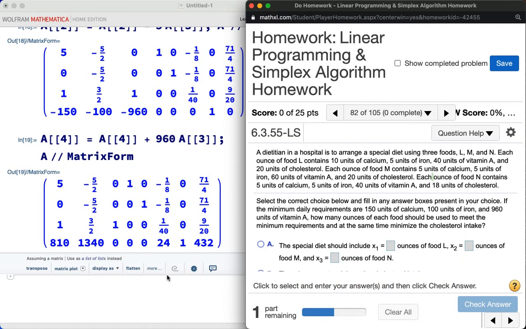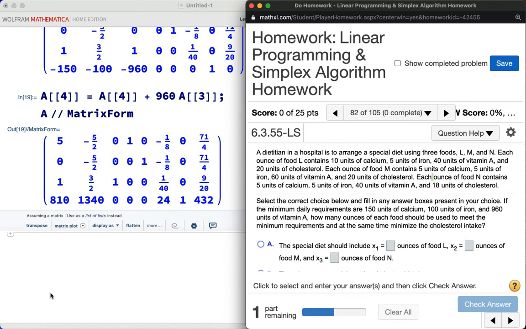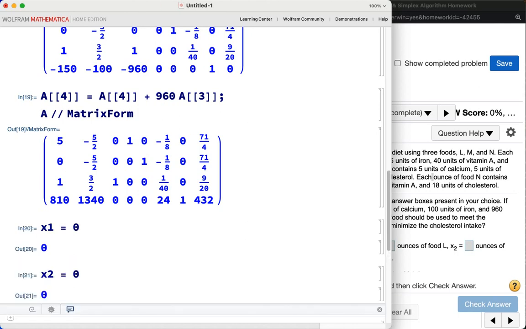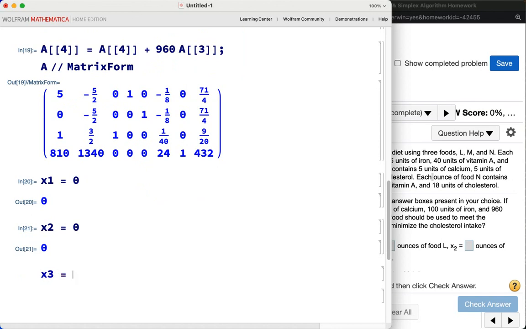Okay, let's go back to the original problem. So we have x1 is equal to 0, x2 is equal to 0, and x3 is equal to 24.